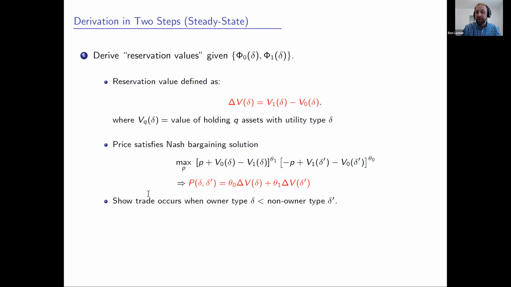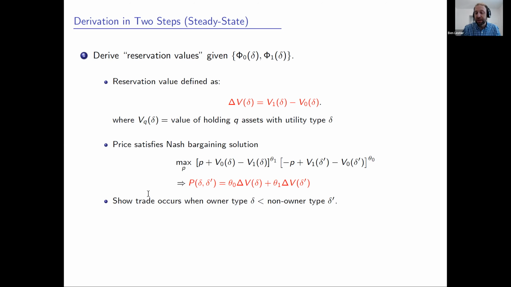For those of you who've studied some search models before or even other related models, a lot of times what you do is you will conjecture a trading rule, and then go look for an equilibrium that satisfies that property, and then double check your original conjecture. That's not what we're doing here.